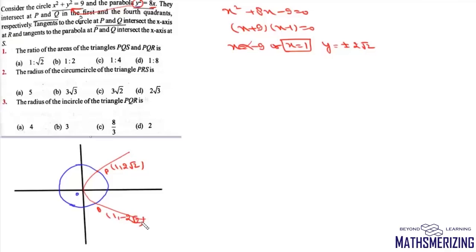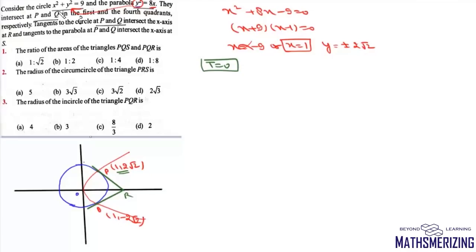Now it says tangents to the circle at P and Q intersect the x-axis at R. So we are drawing tangents to the circle, and they intersect each other at this point R. So we need to find this point R. We know that this point lies on the circle, so when the point lies on the curve, the equation of tangent is given by T equals to 0.